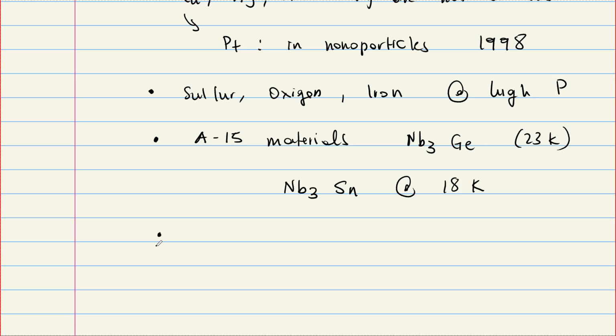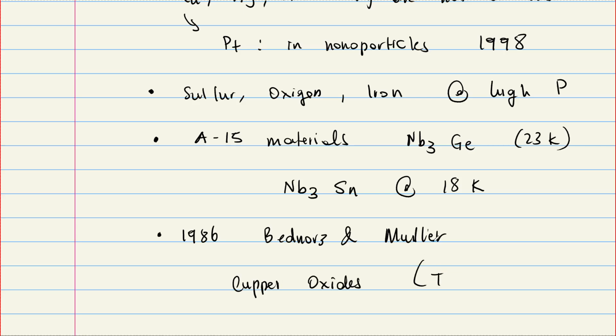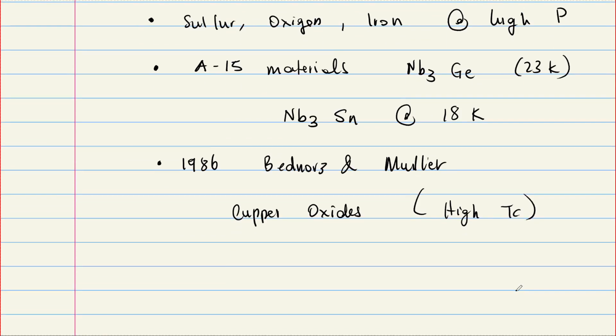And one of the most influential classes of superconductors came in 1986 by Bednorz and Müller, so-called copper oxides. These are high Tc materials. Initially, the first one seen was at 38 Kelvin.